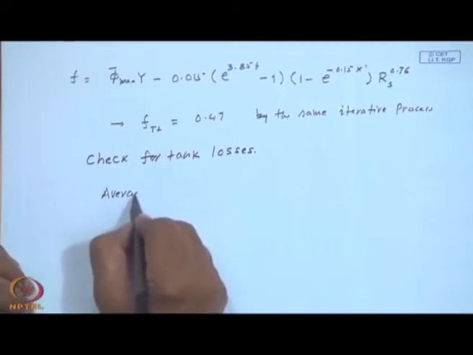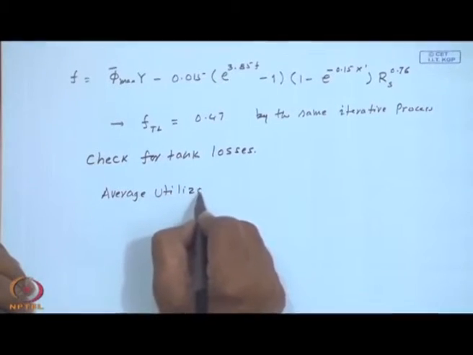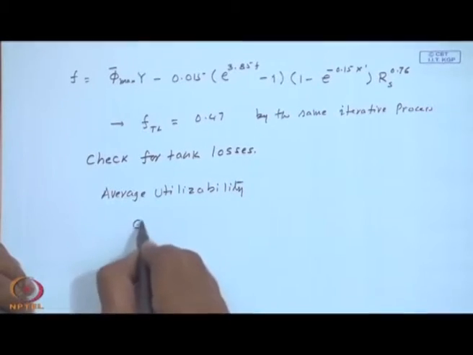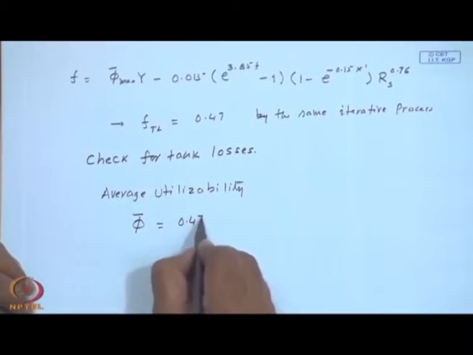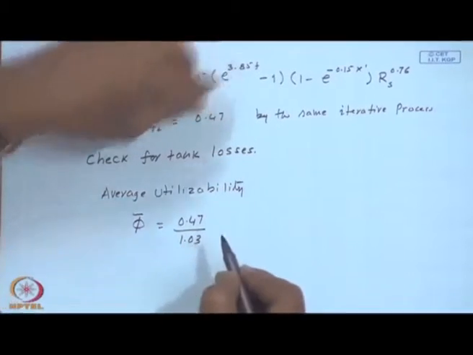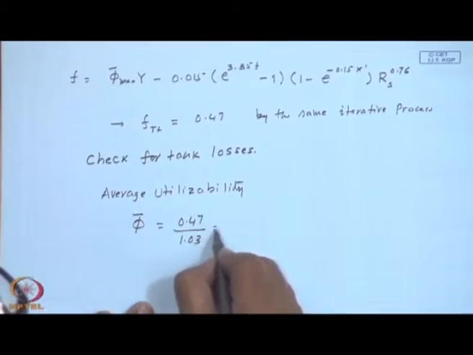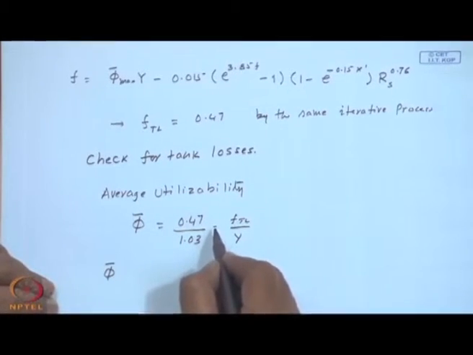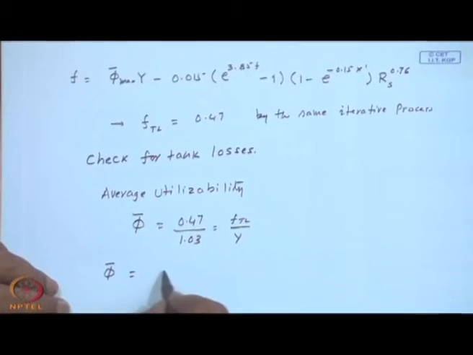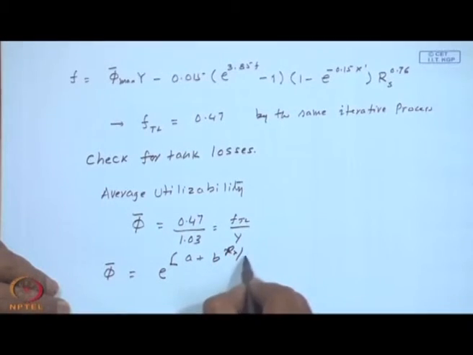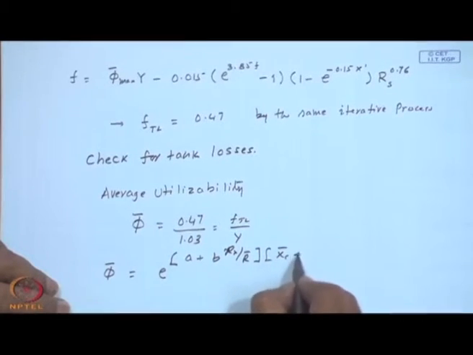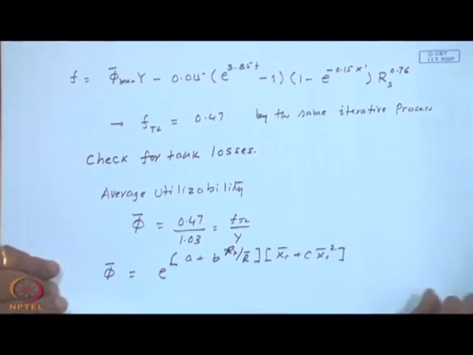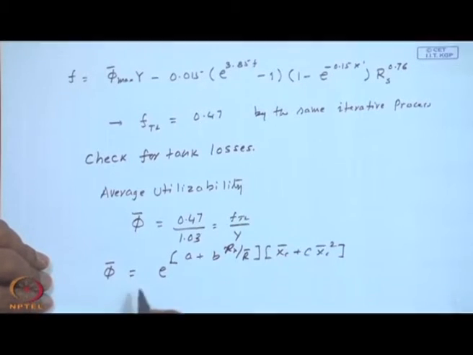So, this is in effect operating at an average utilizability of phi bar equal to 0.47 by 1.03, that is F T L by Y, and whatever is the number, that should be equal to e to the power a plus b R n by R bar times x c bar plus c x c bar squared. So, with a, this is almost 0.45 or so.